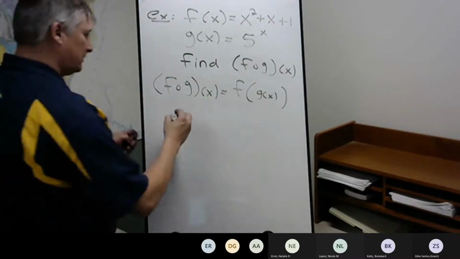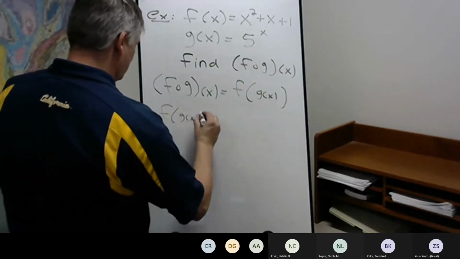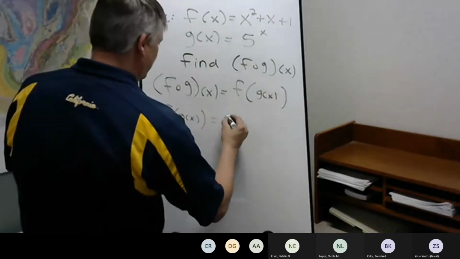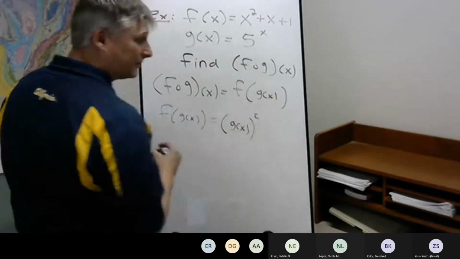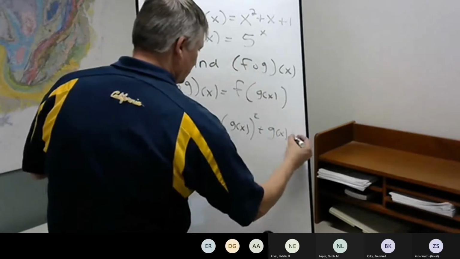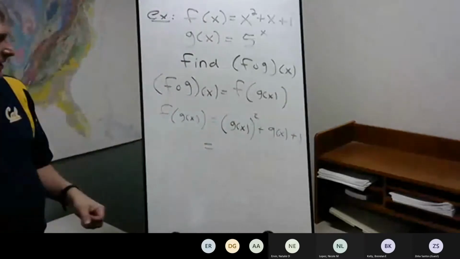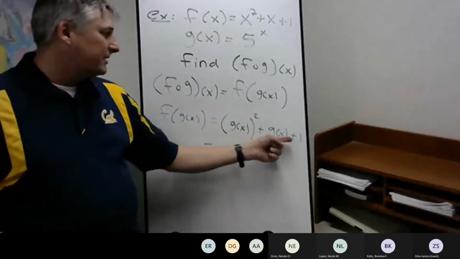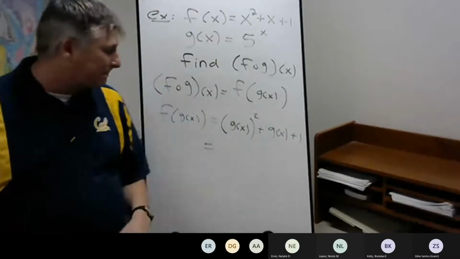So that means we're going to have g of x squared plus g of x plus 1. So instead of having an x squared plus x plus 1, it's g of x squared plus g of x plus 1.